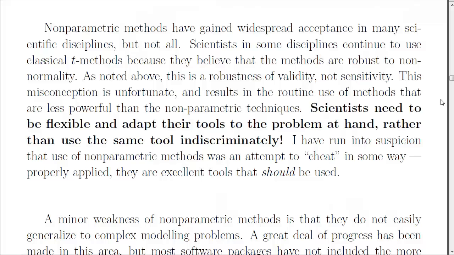All right. The main point I want to make is that even though not all scientific disciplines have really embraced nonparametric methods, from my observation, primarily because they haven't been exposed to them or don't understand them, they really ought to be used more often than they are.